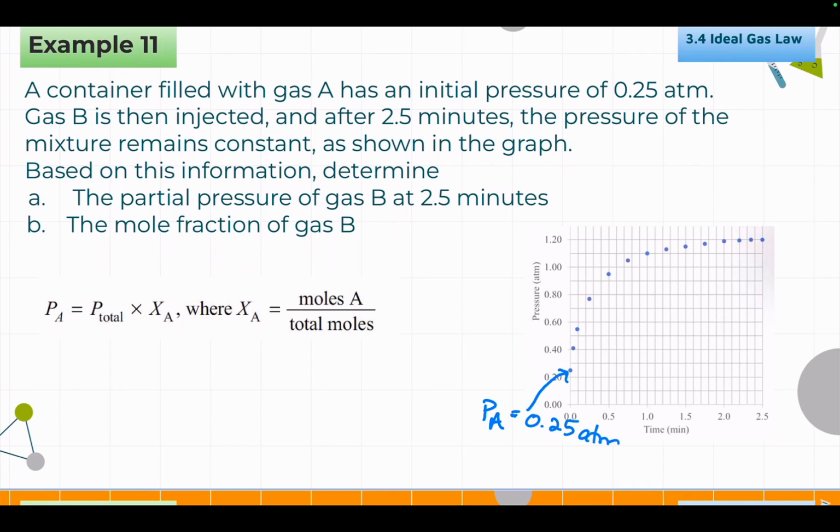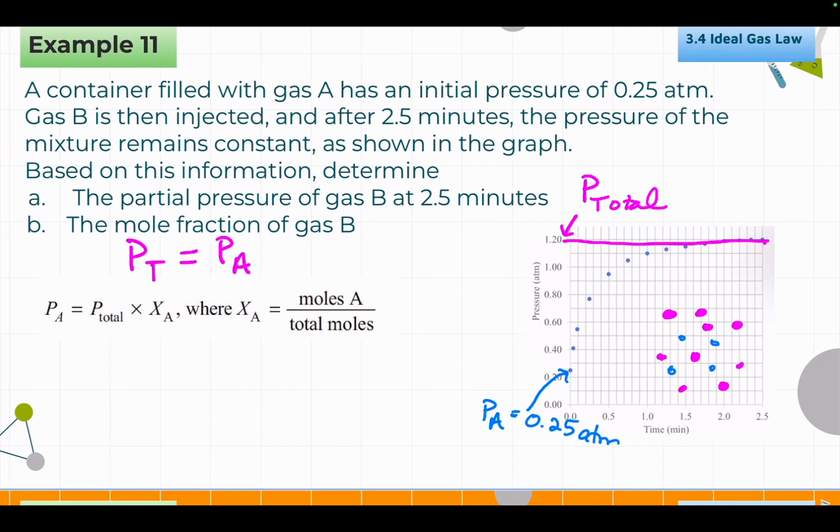Originally you have just the A gas, and now you're going to add the B gas and keep pumping it in. And then in 2.5 minutes, you can see it plateaus. So the 1.2 is the total pressure of the A gas and the B gas. Because of that, I know from earlier that the partial pressure of the gas A plus the gas B is going to equal the total.